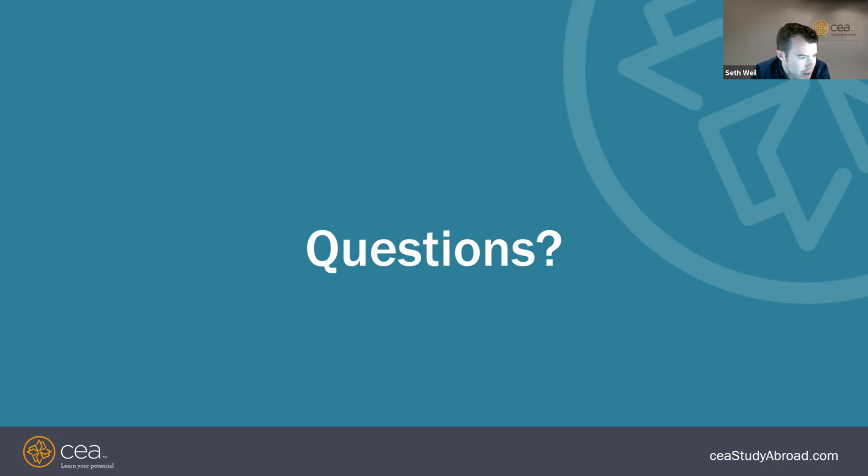Okay, we got a question about Maymester faculty-led programs. How far in advance would you ideally like to start the conversation and proposal process? This is an excellent question, and the answer is really the more lead time you have, the better. Ideally, 18 months is ideal, at least a year out.